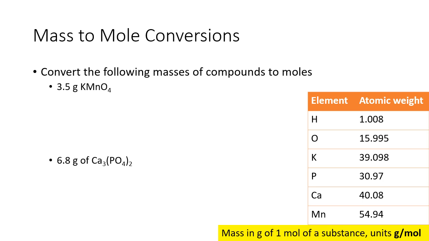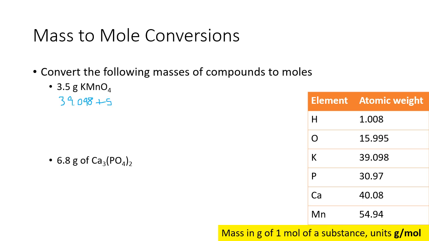MnO4 is the permanganate polyatomic ion. All right, so we've got potassium 39.098, and I'm going to omit the AMU because this is me trying to find grams per mole.